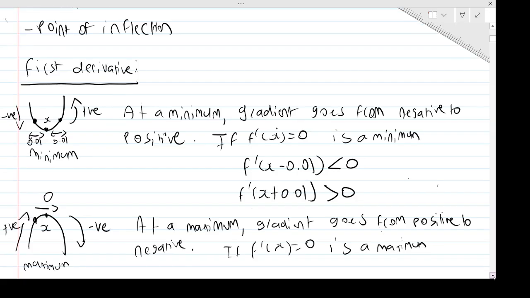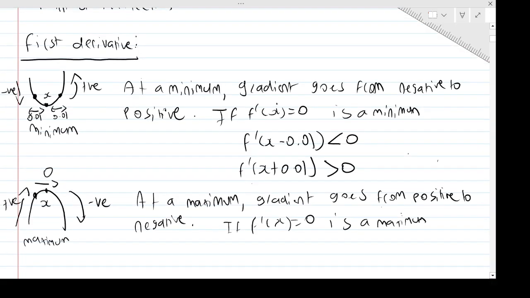That's going to be taking away a number, 0.01, right? If we subtract 0.01, a very small number, away from x, then it has to be positive, right? Because the gradient is positive before the point, as you can see on the graph here. It's a positive gradient, so it has to be greater than 0.